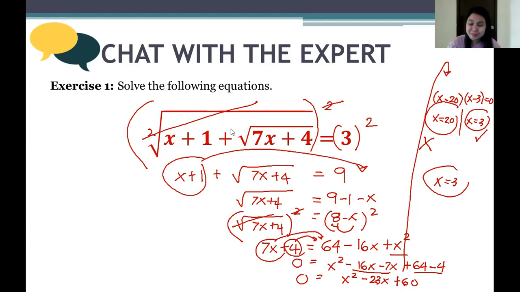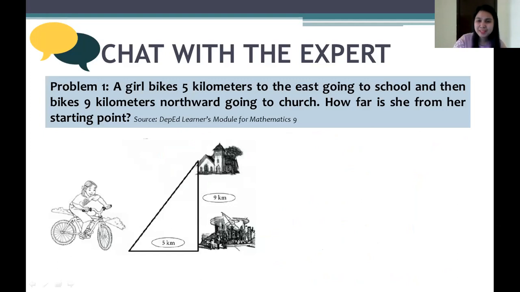Now let's go to the problem solving, okay? Now for our problem solving, here's problem number 1. A girl bikes 5 kilometers to the east, going to school, and then 9 kilometers northward, going to church.